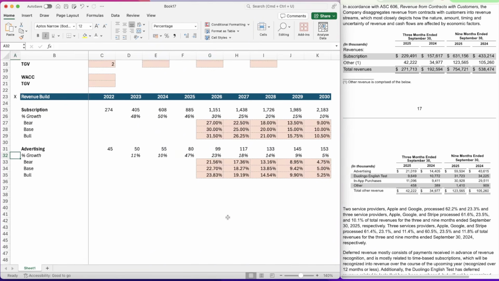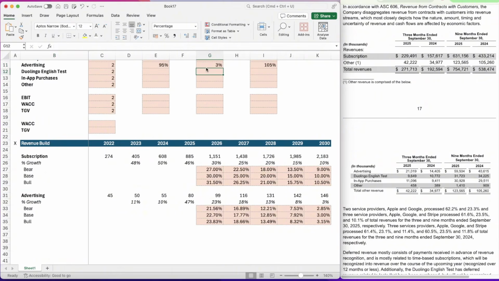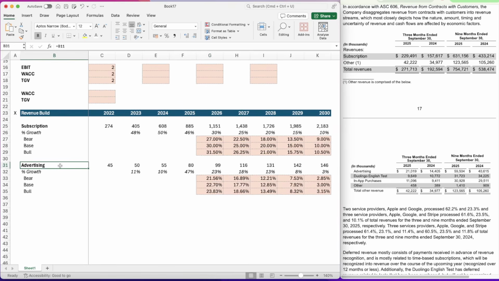Okay, now the next. Maybe this only actually goes 3%. I'm picking these figures out of thin air.